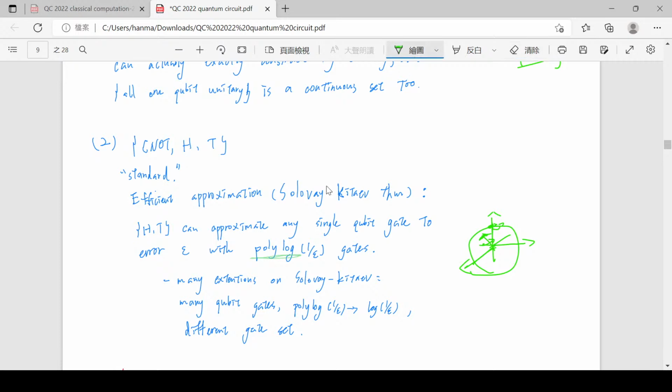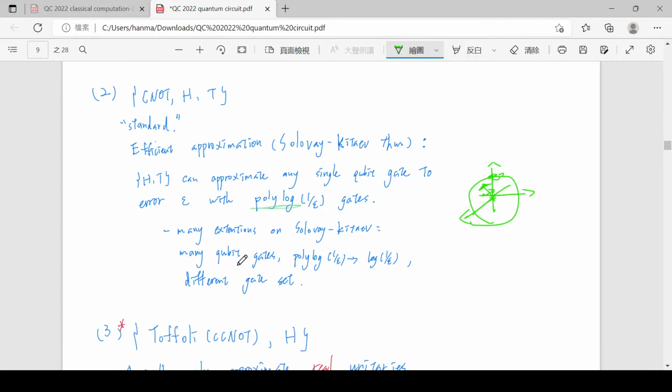And maybe a more practical thing is to change this polylog to some smaller polynomial, and you can prove that the smallest possible thing you can do is linear in log 1 over epsilon, and I believe people are achieving this.